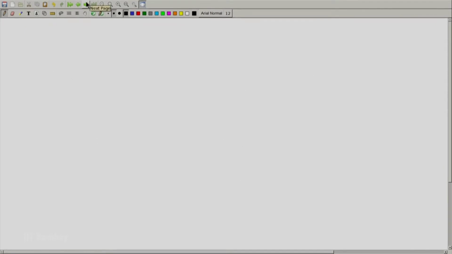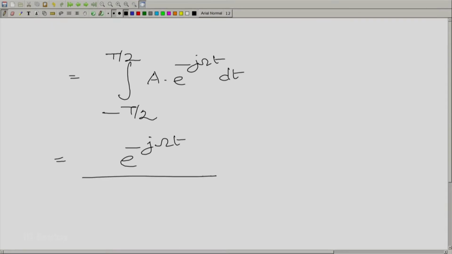That is essentially the integral from minus capital T by 2 to plus T by 2 of a e raised to the power minus j omega t dt, a very easy integral to evaluate.